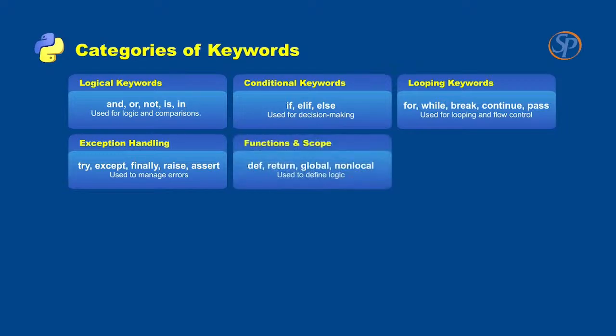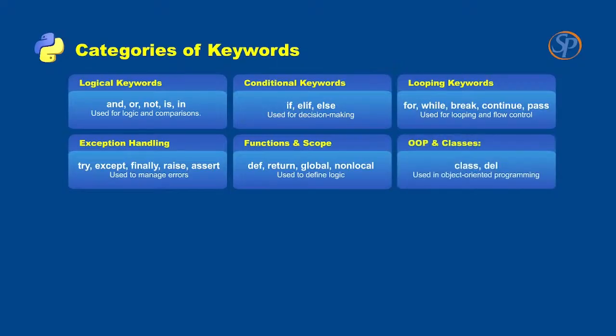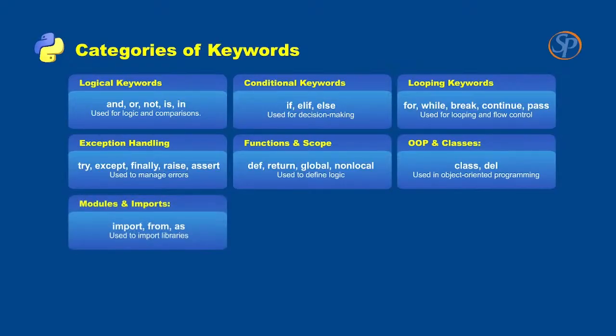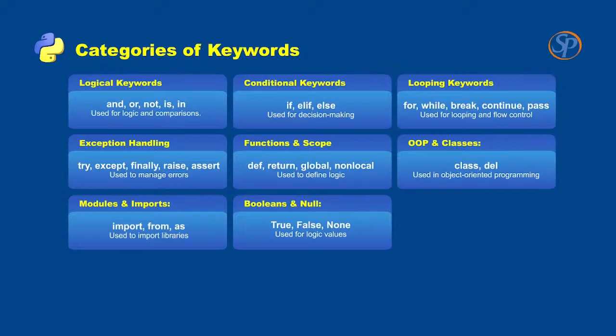Functions and scope: def, return, global, nonlocal. These are used to define your logic. OOP and classes: class and del. These are used in object-oriented programming. Modules and imports: import, from, as. These are used to import your libraries. Then comes boolean and null: True, False, None.